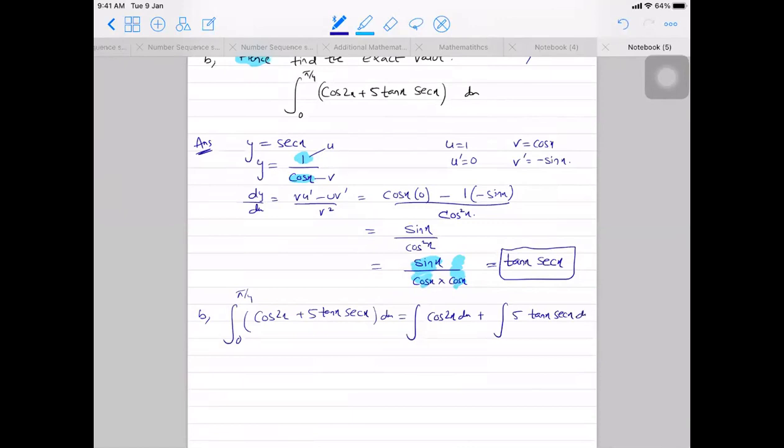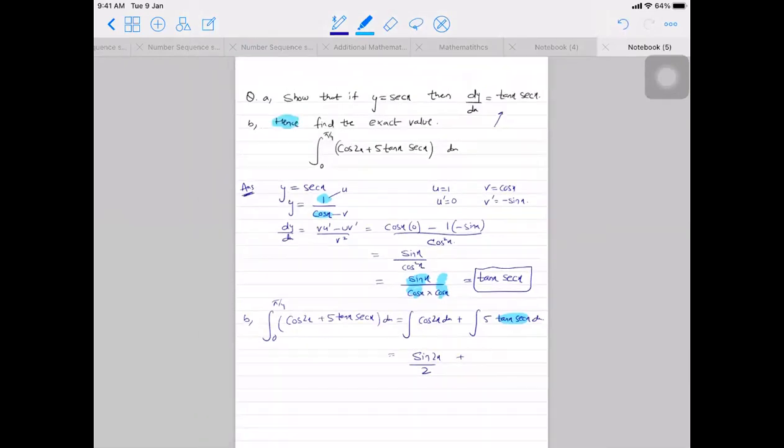I know the limits are same. So what is the integration of cos 2x? Sine 2x over 2. Perfect. Now this 5 is a constant number, I can take it outside the integral sign. You just tell me what is going to be the integration of tan x secant x.